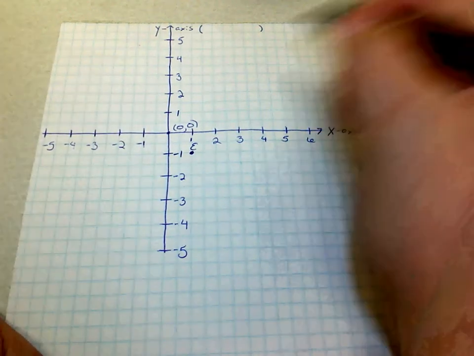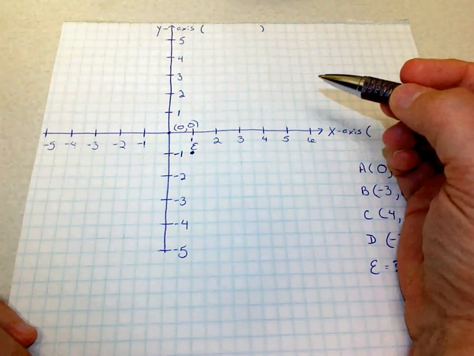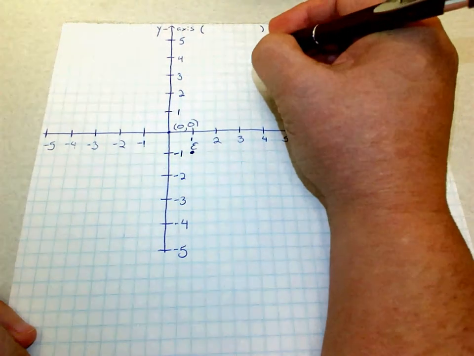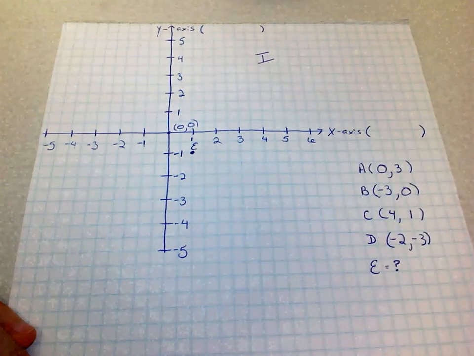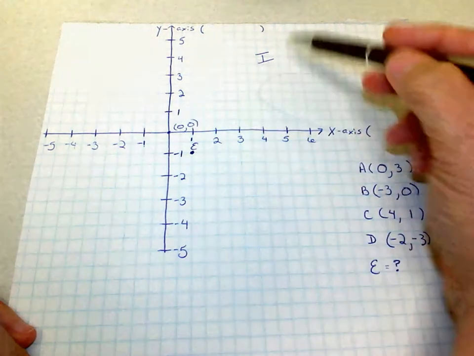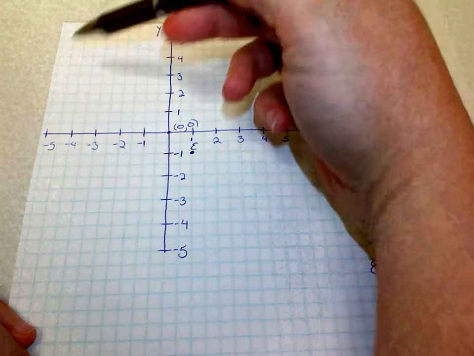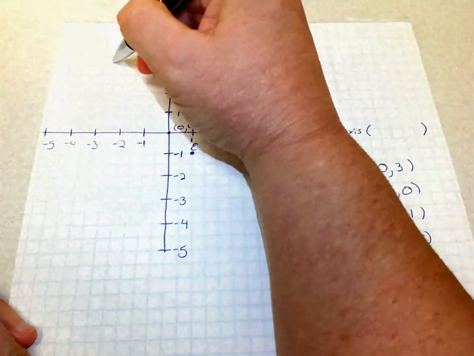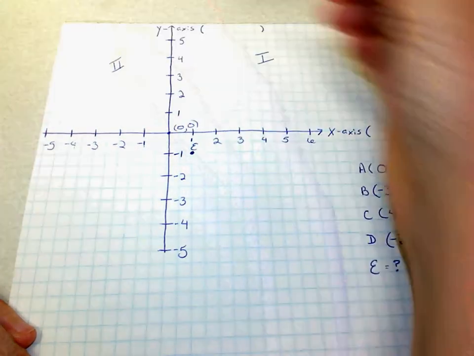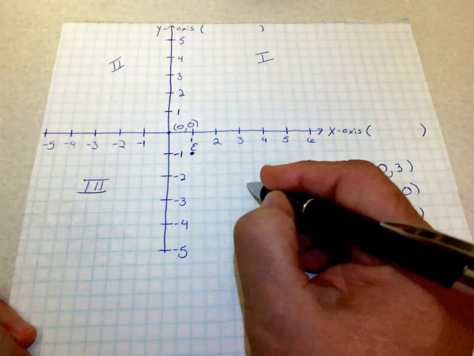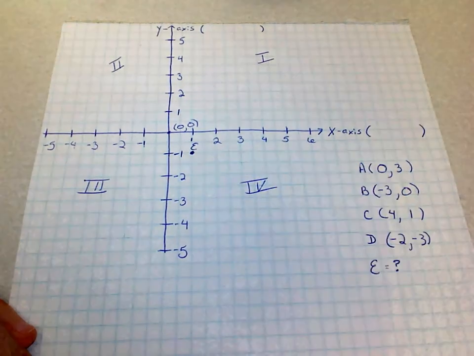Now, the next thing you need to know about this, in a coordinate system, we have quadrants. Where everything is positive, we have quadrant 1, and going counterclockwise, we have quadrant 2, quadrant 3, and quadrant 4.